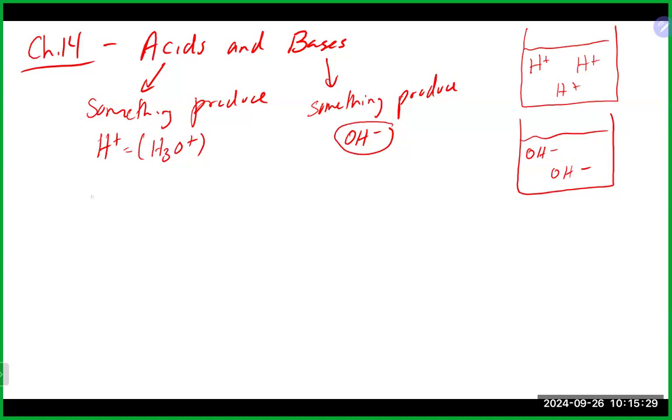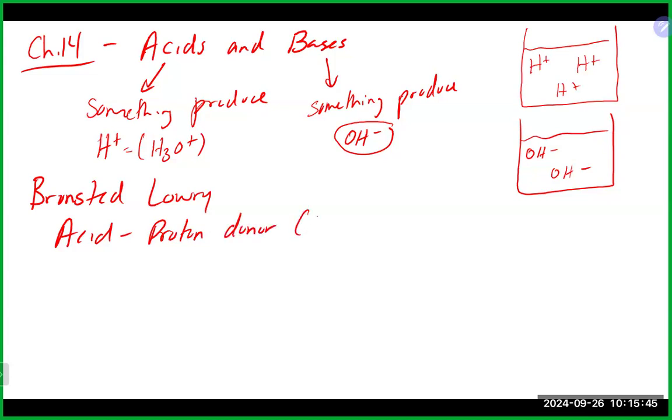A more generic definition of an acid and base was the Bronsted-Lowry definition. In a Bronsted-Lowry definition, an acid is a proton donor. So that is something that will give away basically an H plus. And a base is a proton acceptor. It will accept the H plus.